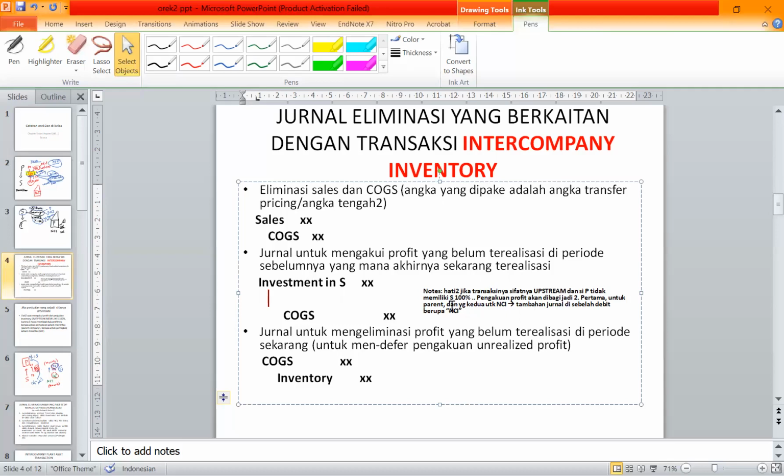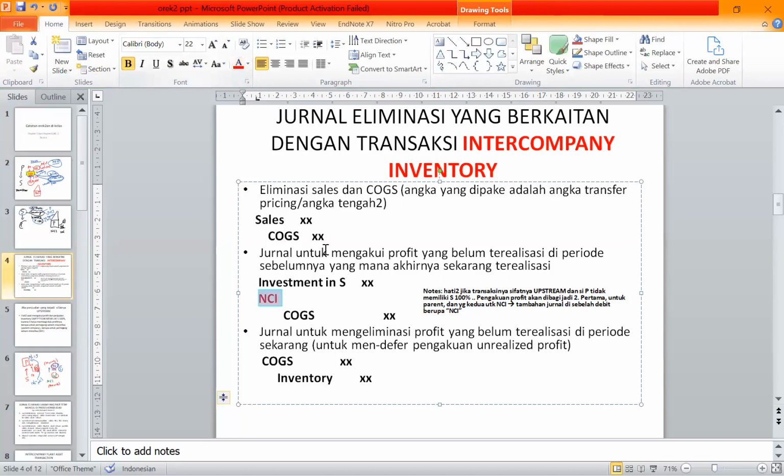So we have an additional row here, and we call it NCI, because the 10% belongs to the NCI, and the 90% belongs to the parent. So this is the only difference between upstream and downstream sales.